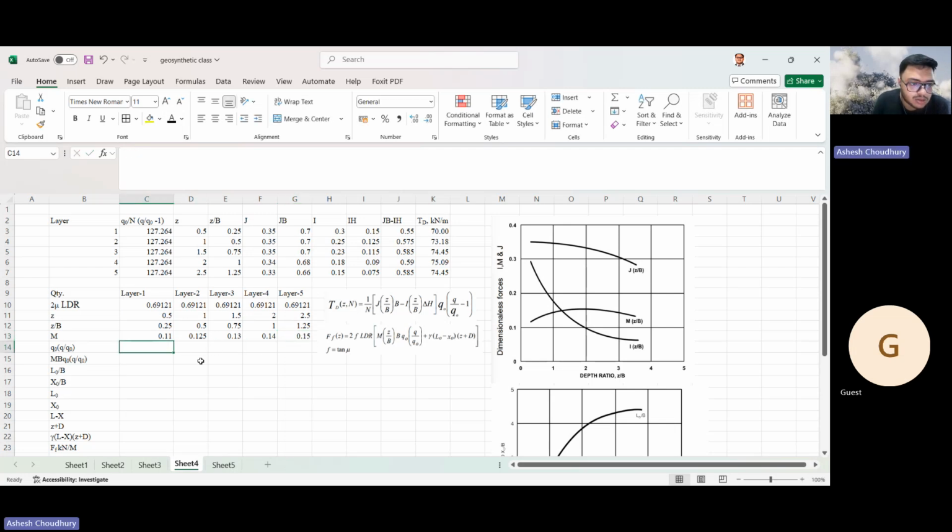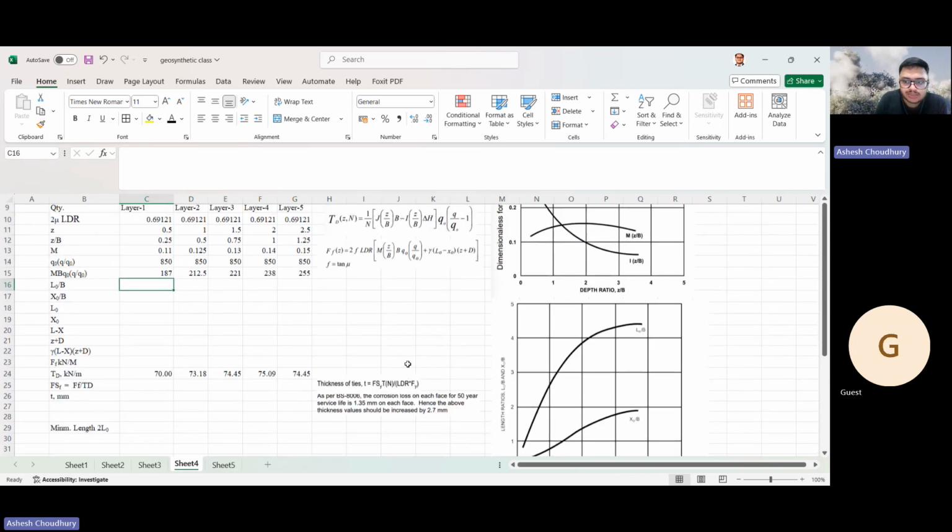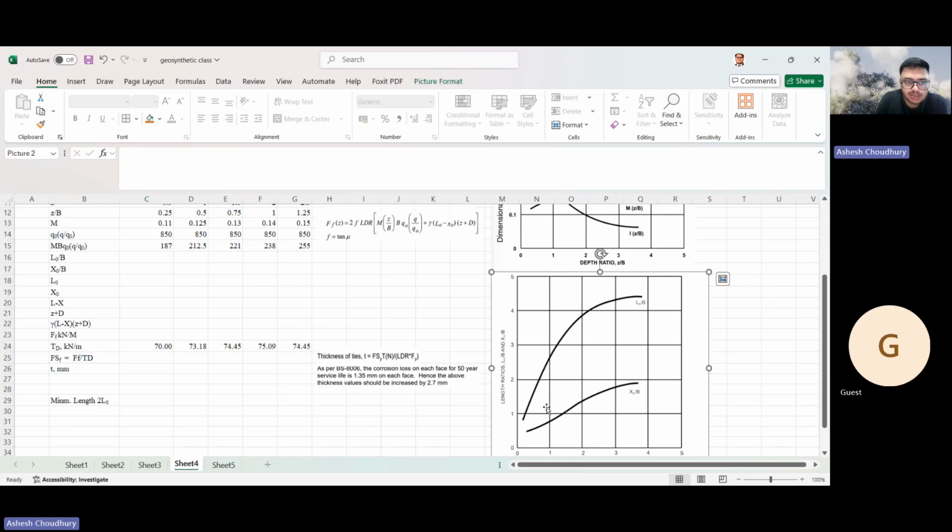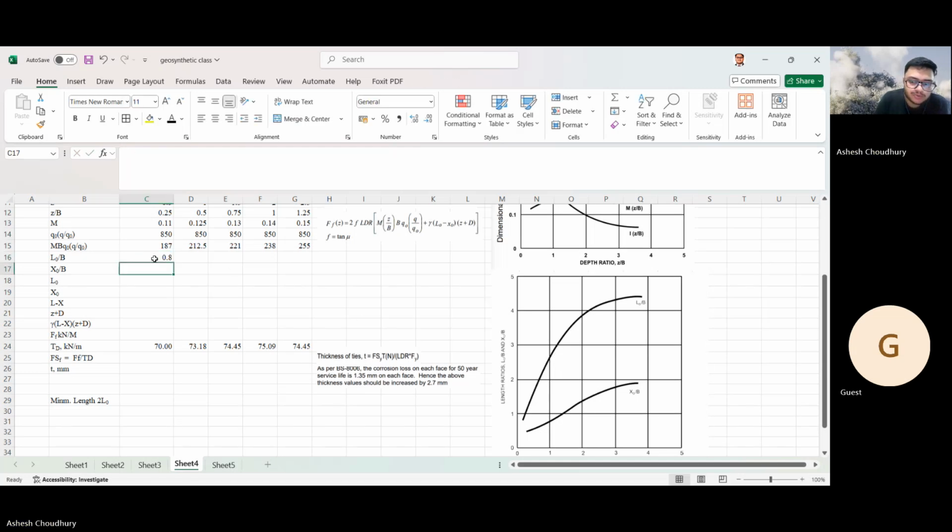Now Q naught is nothing but Q, it's 850, and M into B is 2 times this. Next I have L naught by B. Again, corresponding to Z by B, I have to get L naught by B and X naught by B from here.